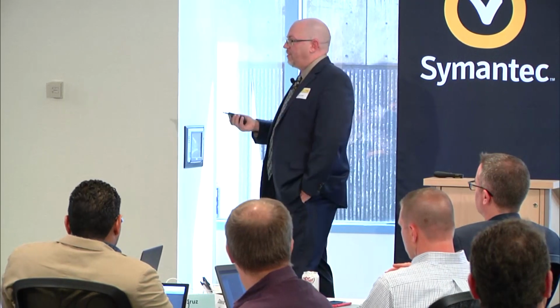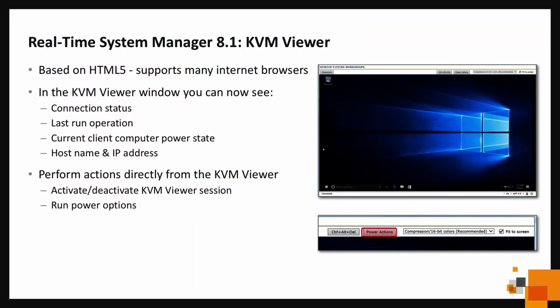So you can perform these following actions on the KVM viewer. So you can activate or deactivate the KVM viewer session itself, right? It's simple on-off. Run some power options. Okay, so we know restart and reboot and all that stuff. Okay, Control-Alt-Delete action can be done through this interface. It's a simple button right there.